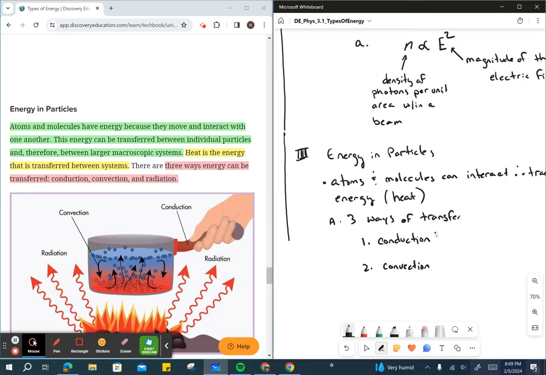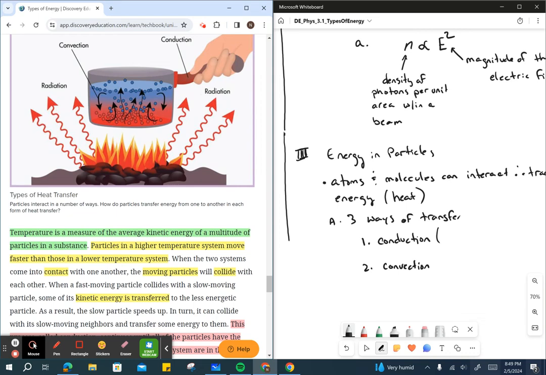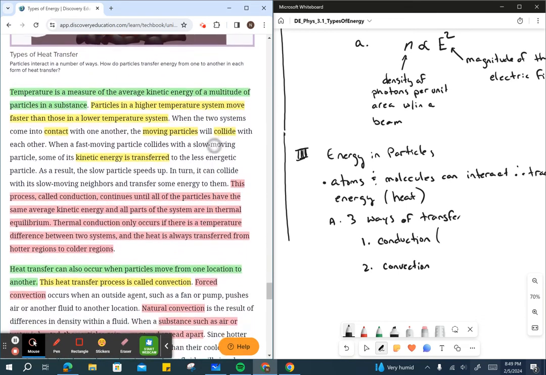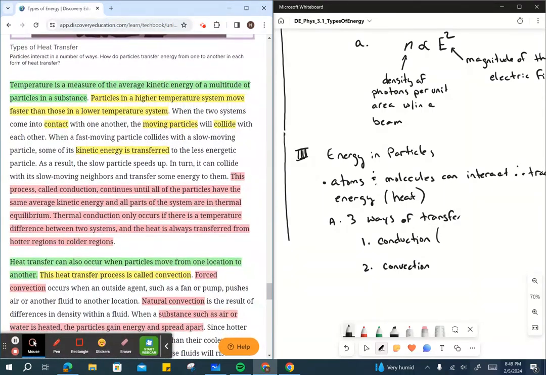Okay. So we said conduction is basically collisions. Let's see if they give us actually good working definitions down here. Colliding, we want to use those words.